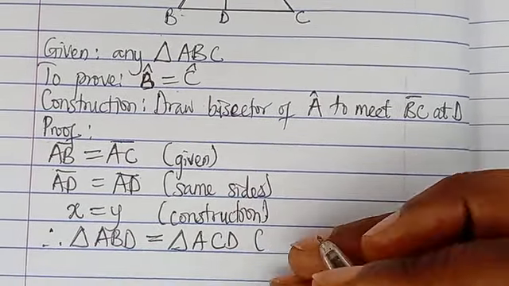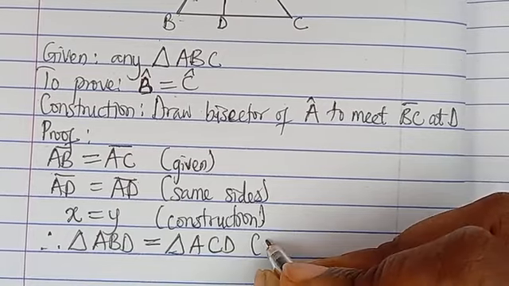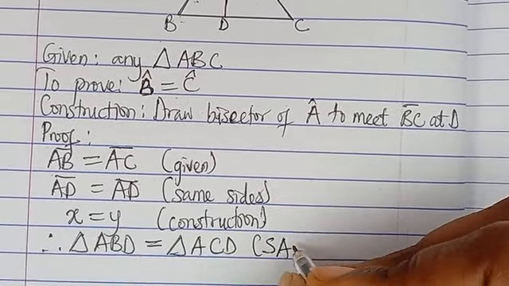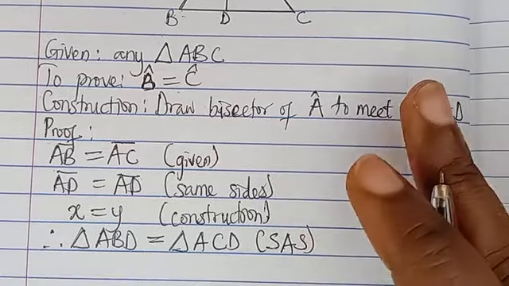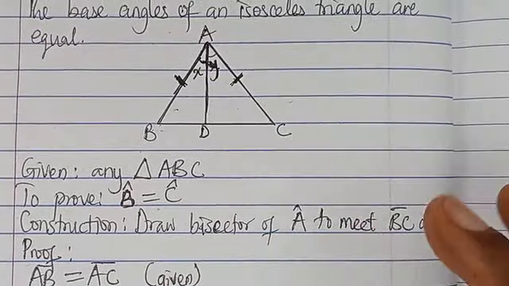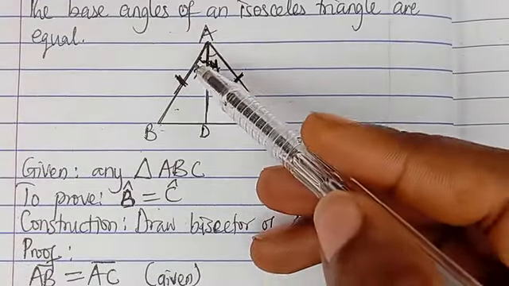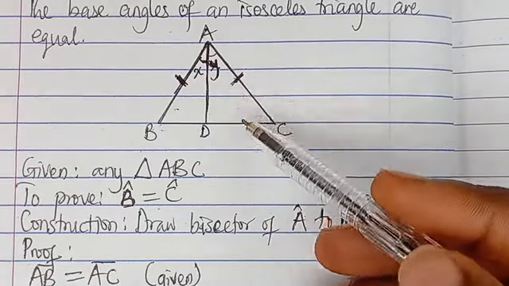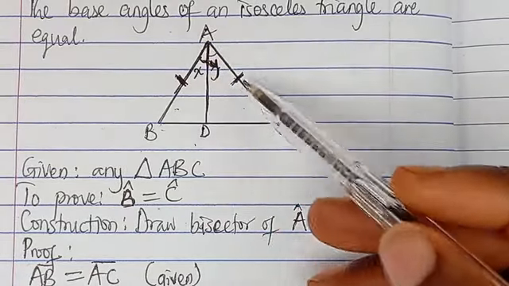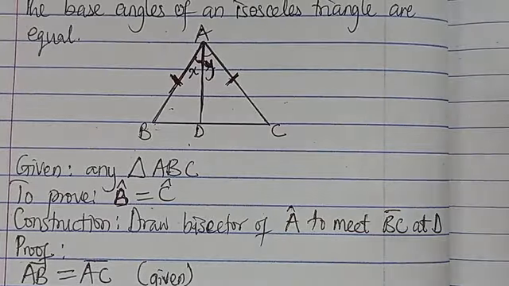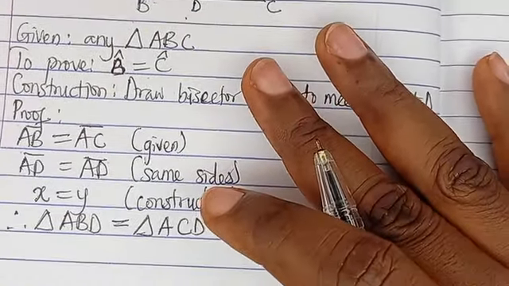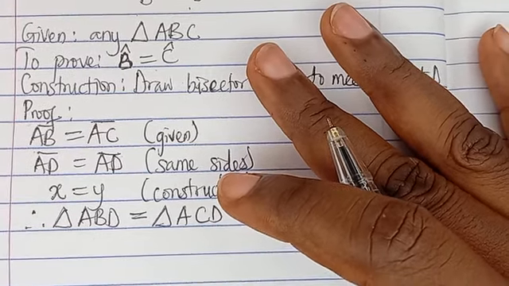Our reason for making this statement is that it satisfies side, angle, side, just like we can see in the diagram. So we've proved that these two triangles are congruent.